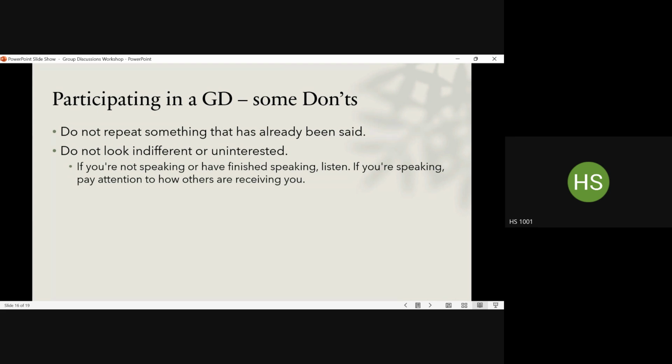If you're not speaking or if you're finished speaking, then you need to listen actively to what others are saying. Okay? If you are speaking, do not speak to a wall. Maintain eye contact with the group. Okay? Have an idea of how your points are being received by others in the group. We've already discussed this.